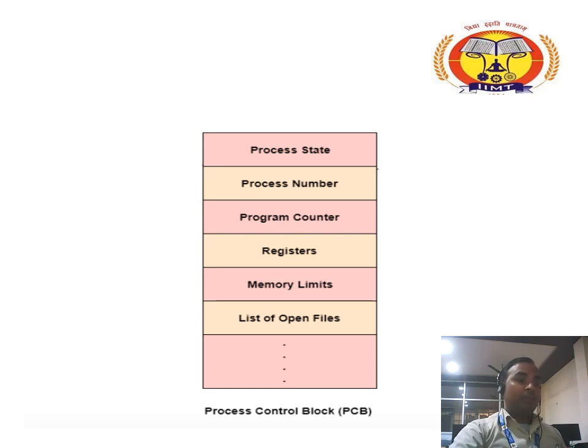When the process or program or whatever data you have in your secondary device, that will be picked into the main memory. From the main memory, that data will be accessed by the CPU, but not directly. One memory will be there between the CPU and the main memory. Listen, these two words, CPU and main memory.